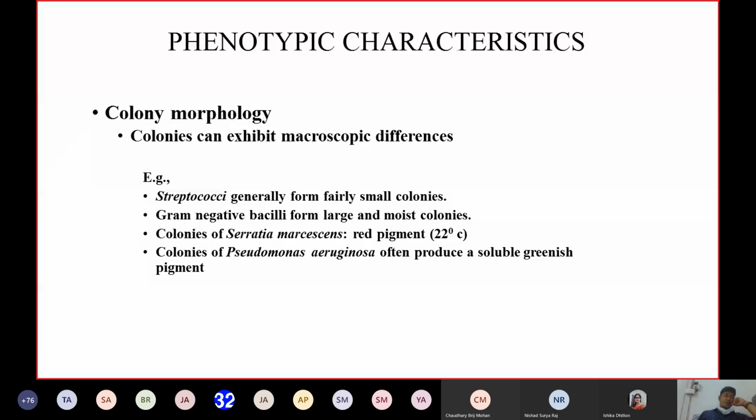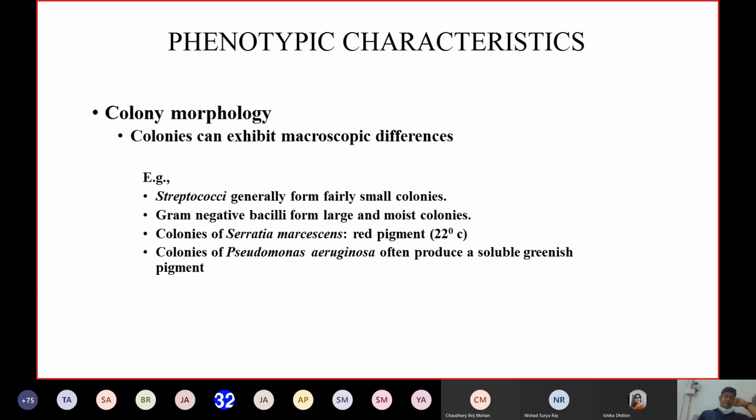Only thing is one has to have an idea regarding which bacteria gives which type of colony and how to recognize it. Colony sometimes cannot be an identifying feature because colonial characteristics are sometimes overlapping within a different group of bacteria. So it gives a clue to identify the organism. It cannot be used as a confirmatory test to say the organism. So it gives the clue only.